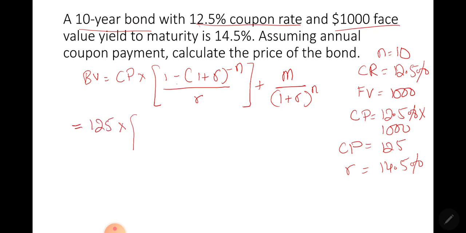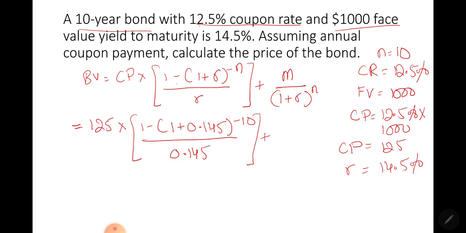$125 is the coupon payment. 1 minus, the R is 14.5%, so 0.145. N is 10. The M means maturity value, par value, face value.